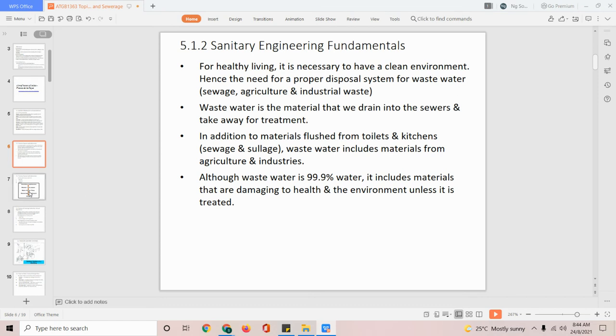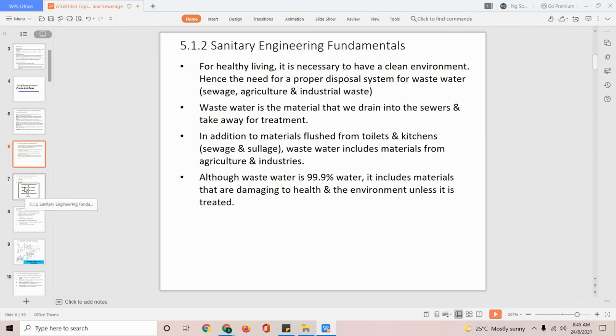So here, I just skip through. Basically, when we're talking about wastewater, most of it is 99% water and 1% contamination, which is maybe sewage or other components.